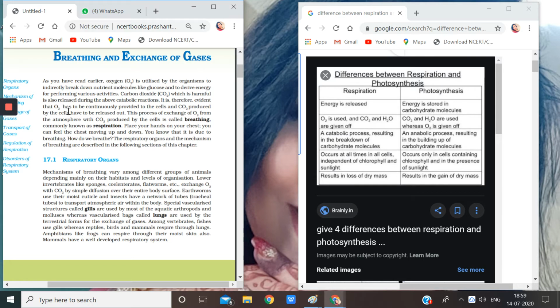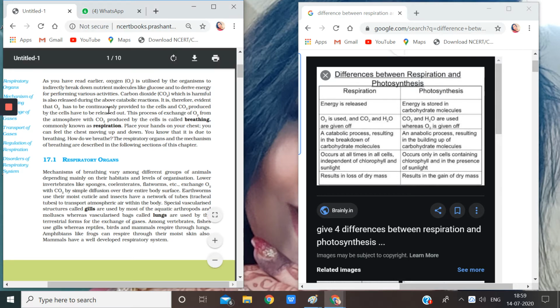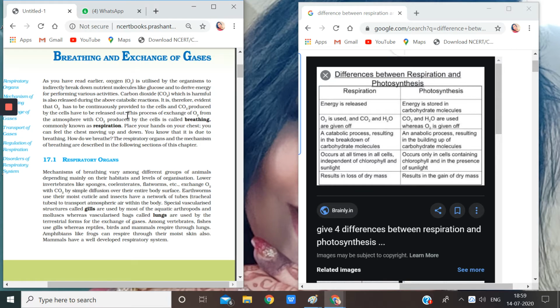It is therefore evident that oxygen has to be continuously provided to the cells, and carbon dioxide produced by the cells have to be released out. Now, what happens inside the body whenever a cell is working, or some work is going on inside the cell, it takes in or uses the oxygen and releases carbon dioxide.